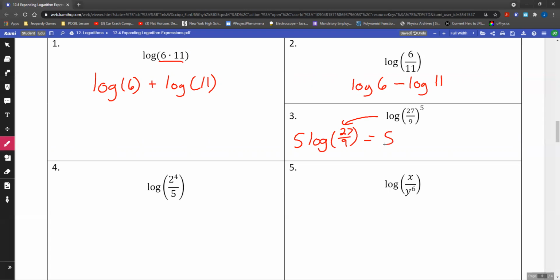So this becomes 5, and I'm going to put big brackets, log 27 minus log 9. I need to make sure that the 5 stays multiplied to both of these terms. If you drop the parentheses, the way you're writing it would make it seem that the 5 is only on the log 27. So just make sure that you keep the parentheses there. All right.